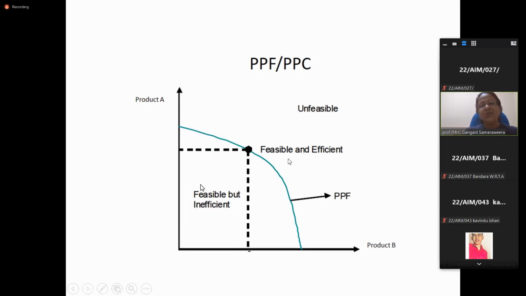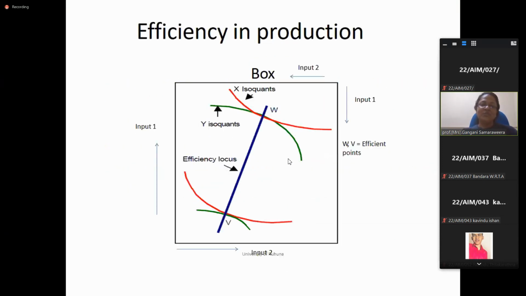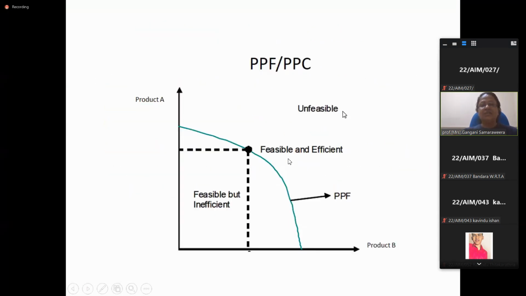So the middle is not efficient. Outside is not efficient, not feasible even. Why? Because we used the maximum possibility efficiency locus here. After that, it is not feasible to combine inputs, because this is the efficient line.